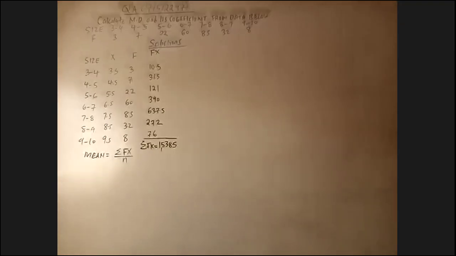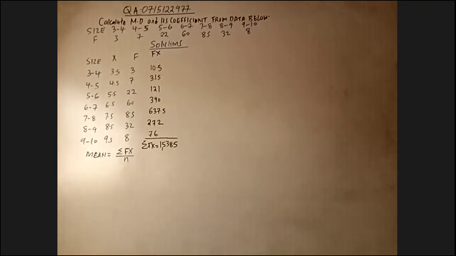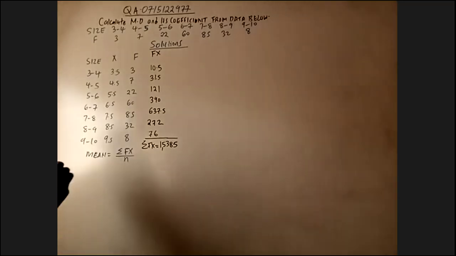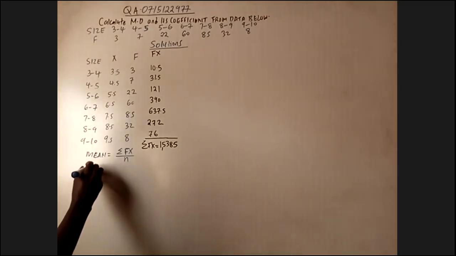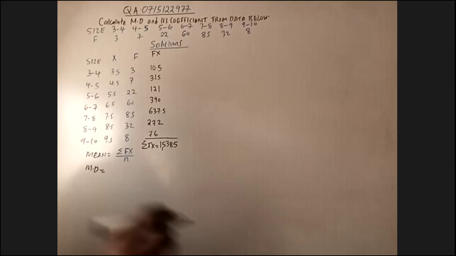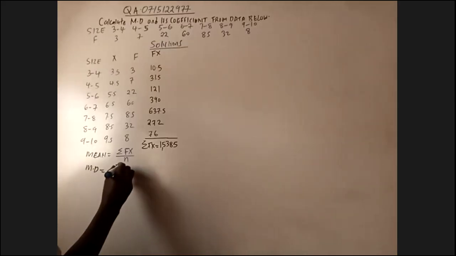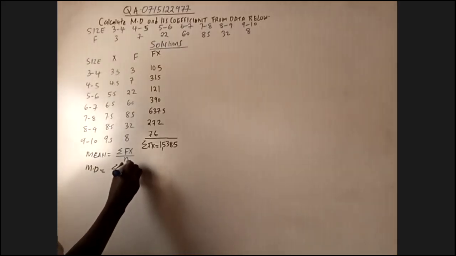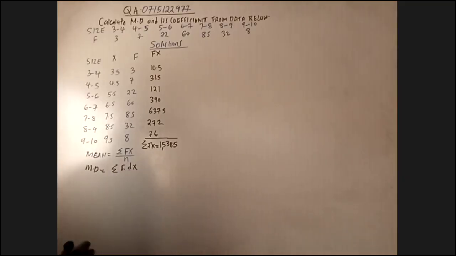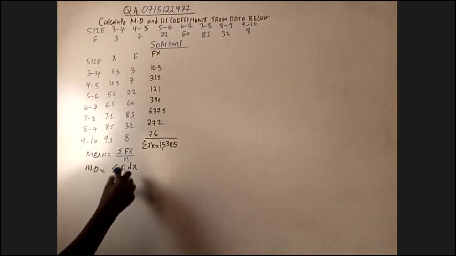Are you getting that one? Yes. Now, another formula we need is the mean deviation. We call it summation of f dx over f, where dx is the deviation of x.